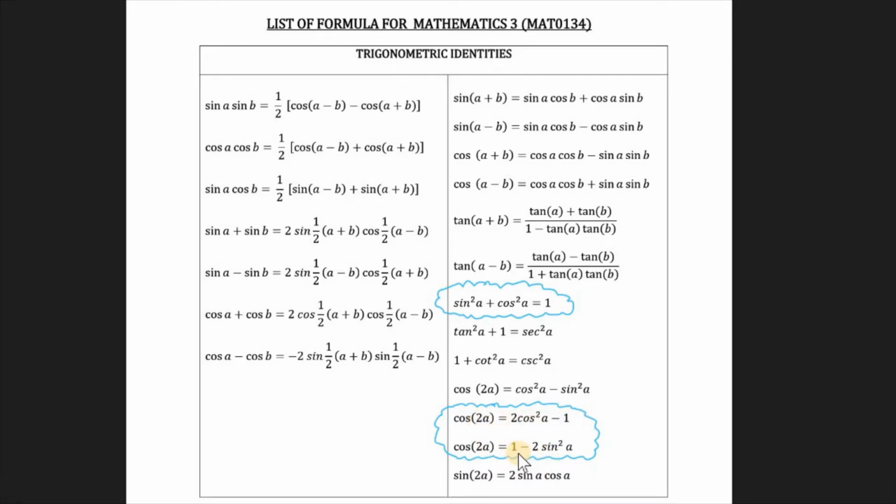And the other part is for sine of the even power. Sine square A, rearranged, gives 1 minus cosine 2A on 2. As well as the Pythagorean identity. So basically the formulas are given. Alright, let's look at the examples.